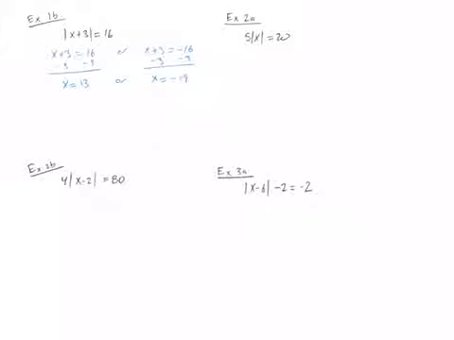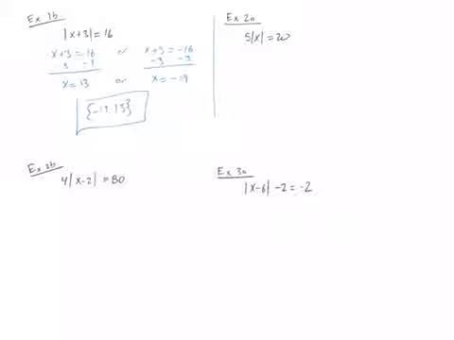So you can either write it like this, or the proper way to write it is to write a solution set, which is a squiggly bracket. You write the smallest number, negative 19, comma, and then all the rest of the numbers, and close out. So this would be our solution set to this, negative 19 and 13.